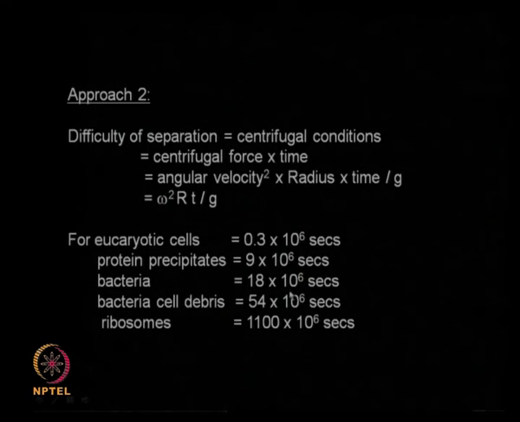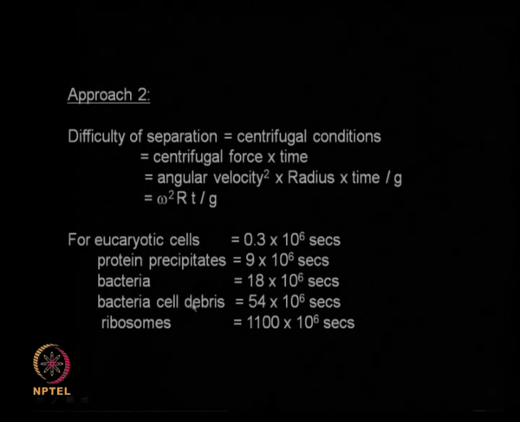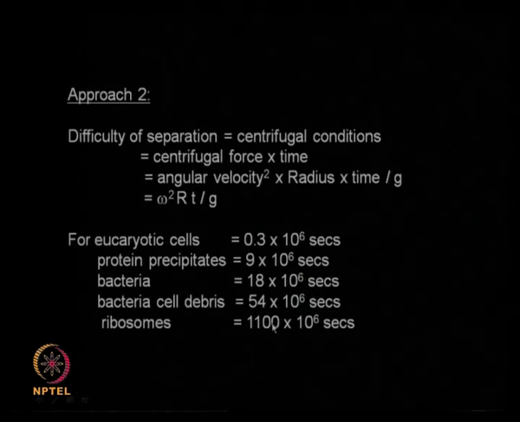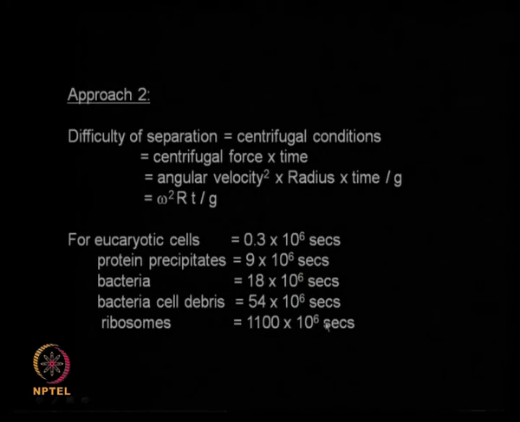For example, for eukaryotic cells this particular term has a certain value, for proteins it is 9 into 10 power 6, for bacteria 18 into 10 power 6, bacterial cell debris 54 into 10 power 6, ribosomes 1100 into 10 power 6.